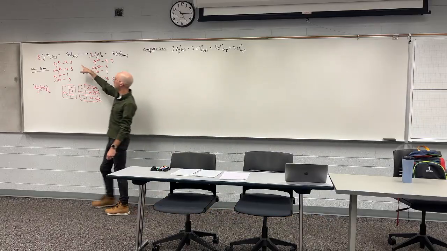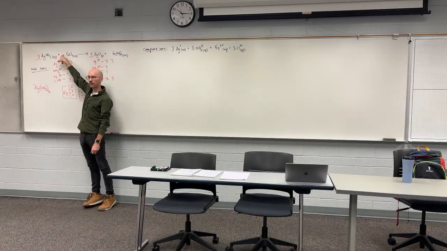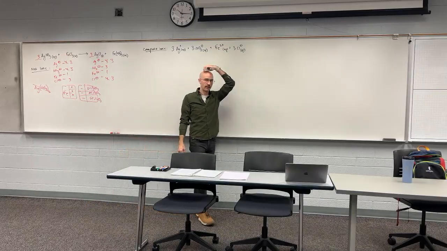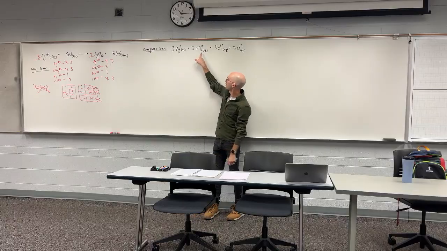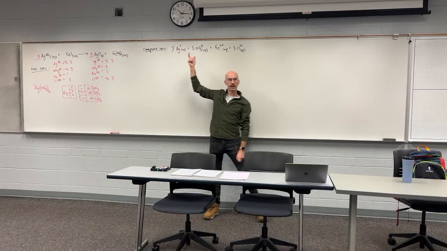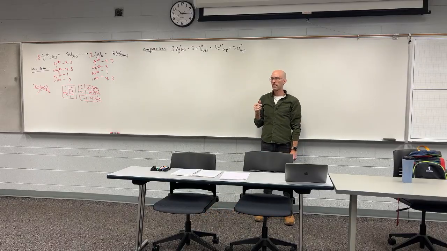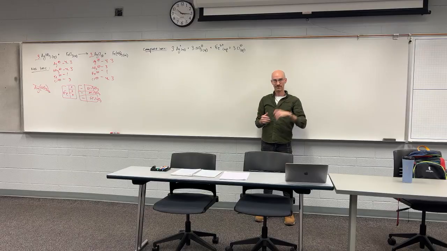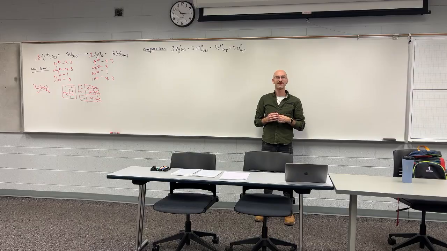Subscript 3 on chlorine comes in front, multiplies with 1 to give me 3 Cl minus. How come I don't take subscript 3 and multiply by 3 to give me 9? Anybody? Is it because that 3 is part of that polyatomic ion? There's not parentheses around it, indicating that there's 3 of them. There's just 1. Exactly.